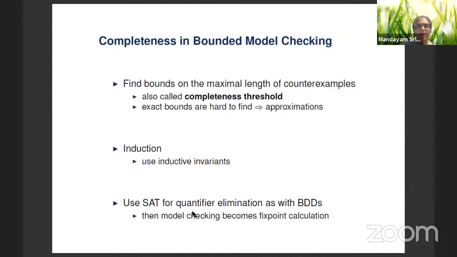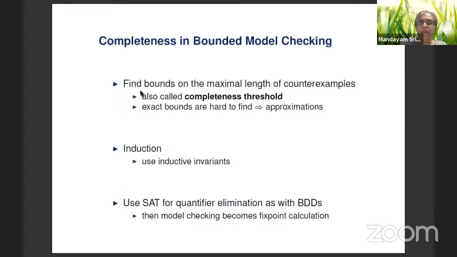You can always fall back to quantifier elimination as with BDDs, and then do fixed point calculation as I showed in the first slide. Of course, the whole idea here was to not use quantifier elimination.